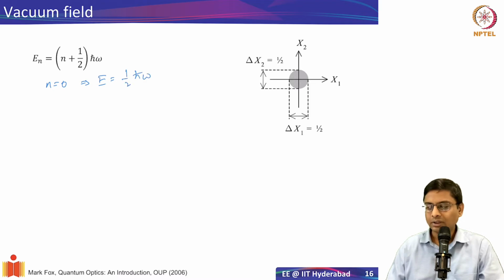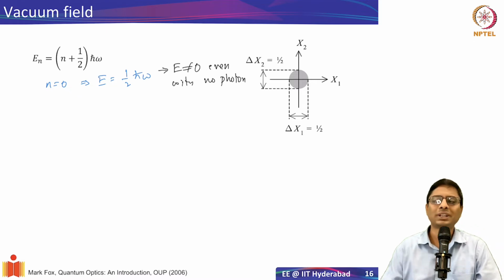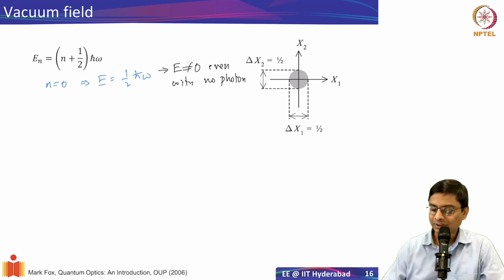So that means even if you don't have any photons, there is still some energy. E is not 0 even with no photons. Suppose you consider vacuum where there is no photon, nothing. Even there is some energy, and in the literature we call it the 0 point energy.